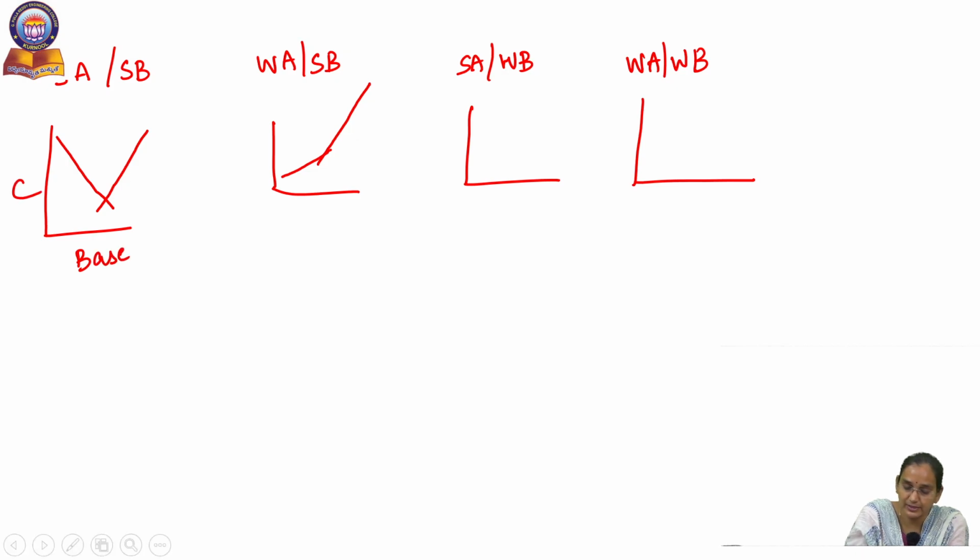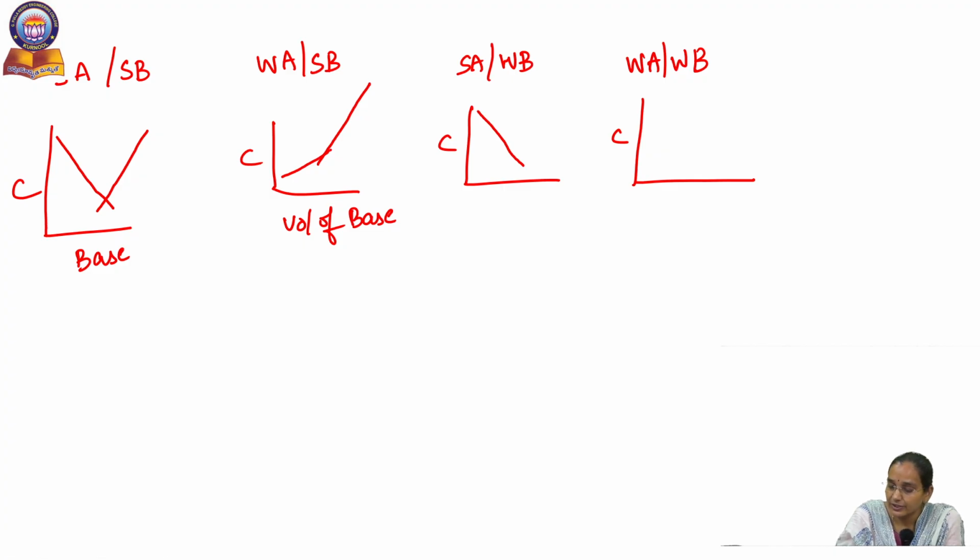Volume of base versus conductance. And coming to strong acid versus weak base, conductance decreases rapidly due to decrease in the number of ions. And for the weak base, after neutralization, it doesn't have any ions, so it remains constant.